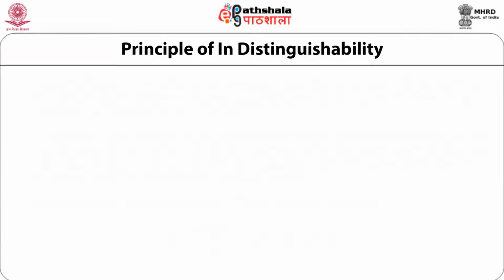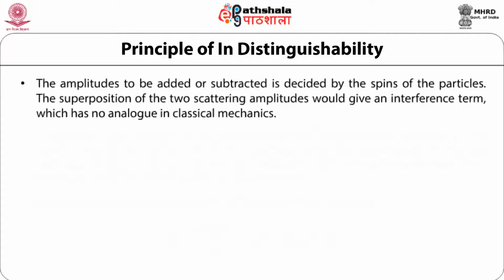And here, in quantum mechanics, the superposition of the two scattering amplitudes would give an interference term which has no analog in classical mechanics. Now, let us discuss in detail the principle of indistinguishability, which in classical mechanics does not exist.